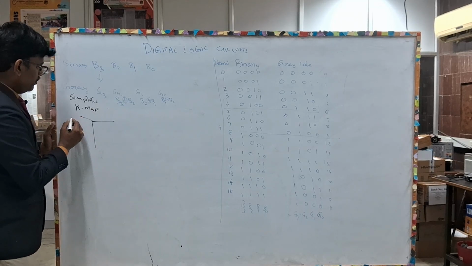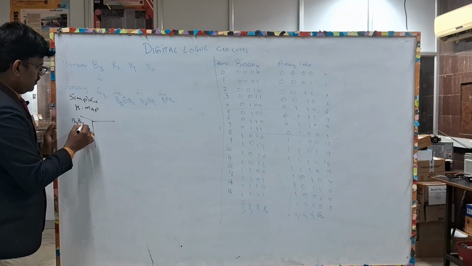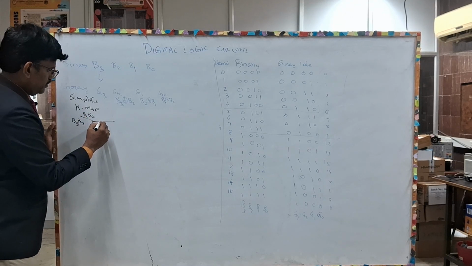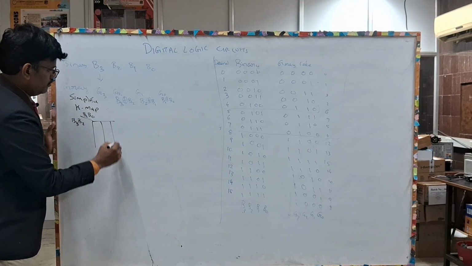The inputs are going to be B3 and B2, and this is B1, B0. So we have the 4 variable K-map.